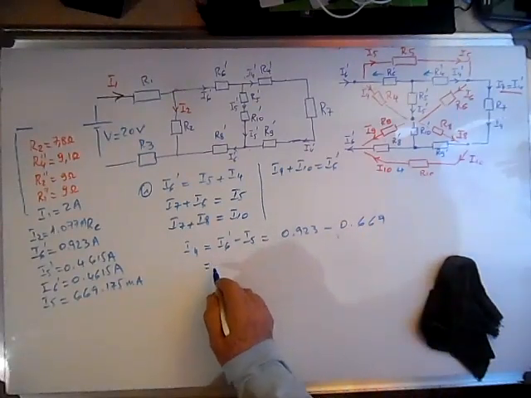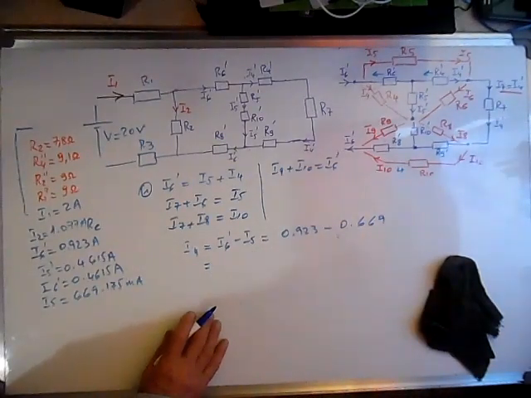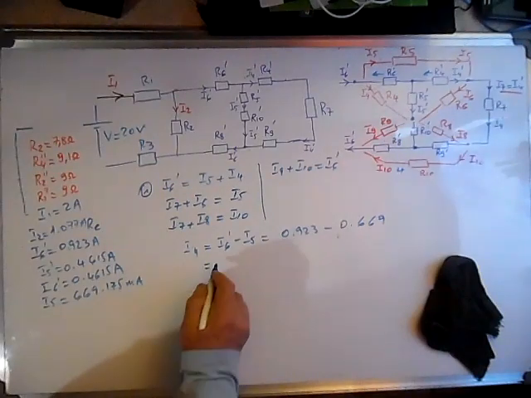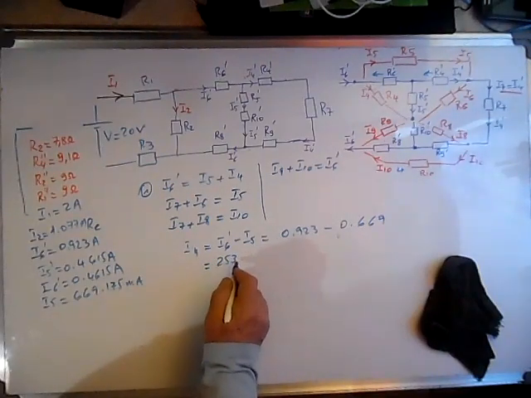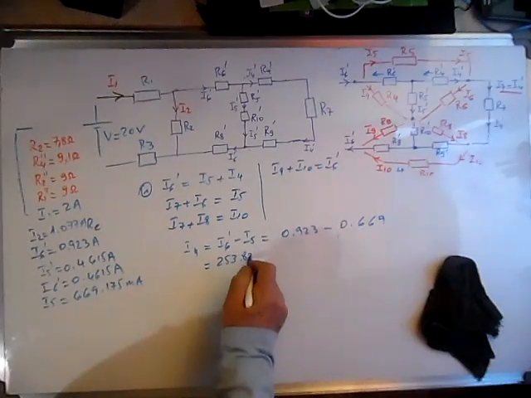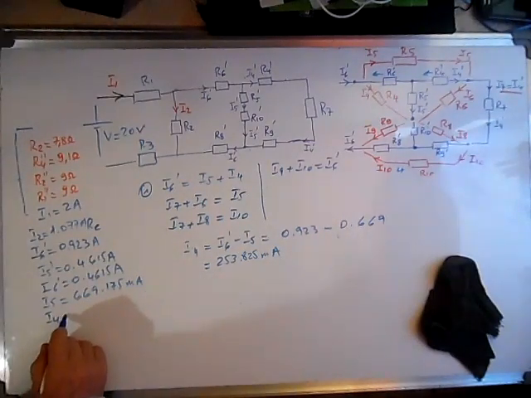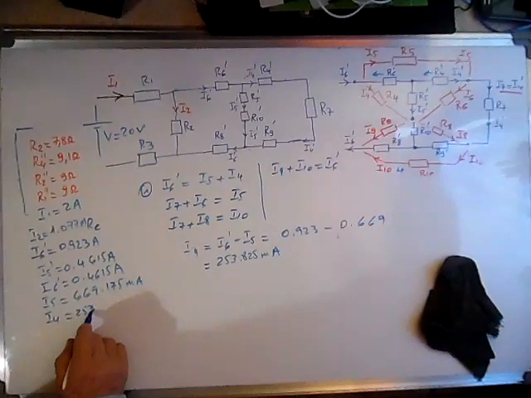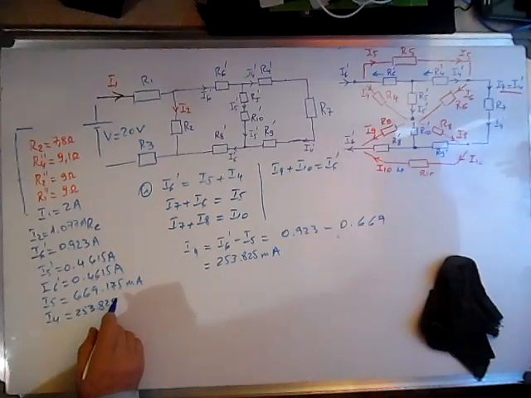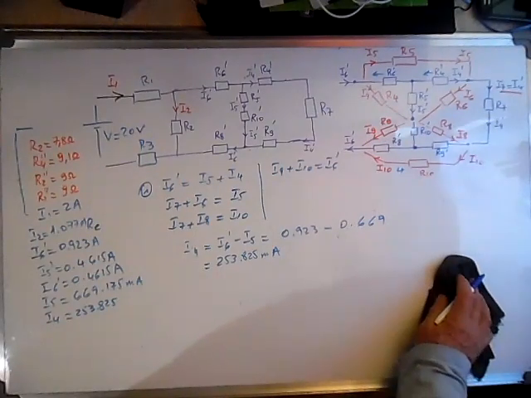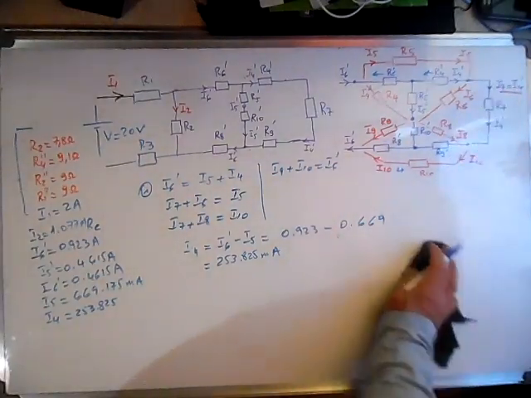So I4 is equal to 253.825 milliamp. I write down I4, this is 253.825. We can calculate now I6 in this node.